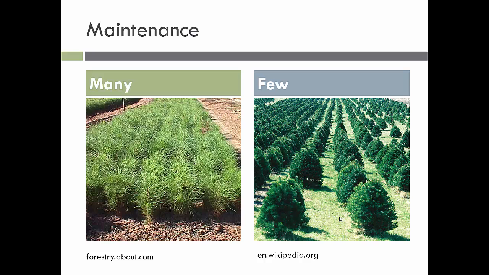So when we think about maintenance, this kind of background need, we can think about growing space. Here we have a lot of tree seedlings compared to a lot fewer tree seedlings over on this side.